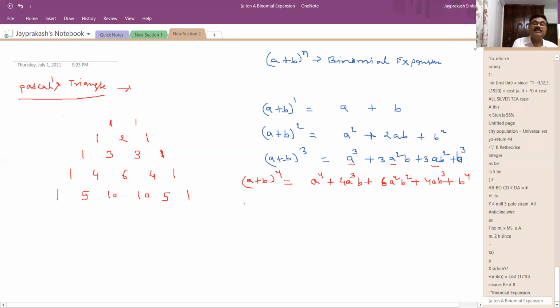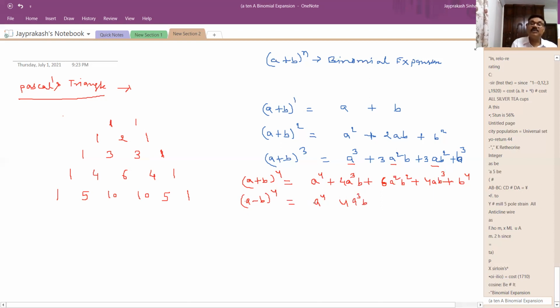Now if somebody asks you, write the expansion of (a - b) to the power 4. This is also very easy. What is the technique? Just copy this a to the power 4, 4a cube b, but the signs will be changed. How?